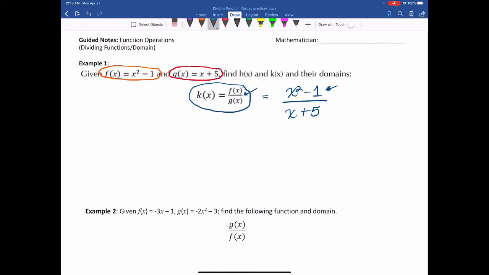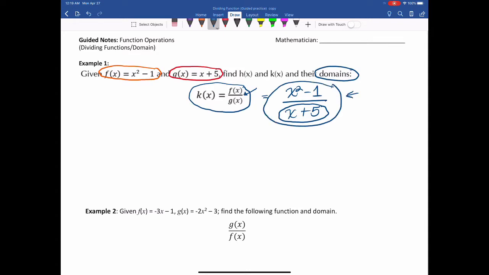So what we're going to do for this problem in particular is focus on the denominator, because we need to figure out the domain. The domain is something we can't just say, well, that's all there is to it.